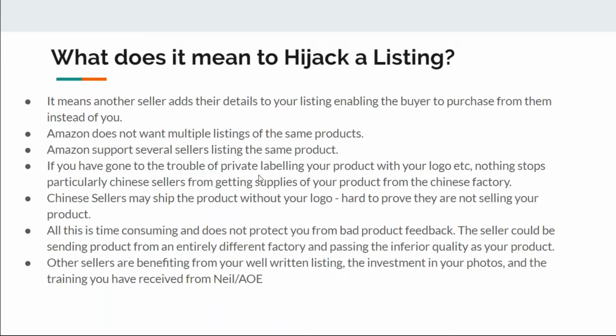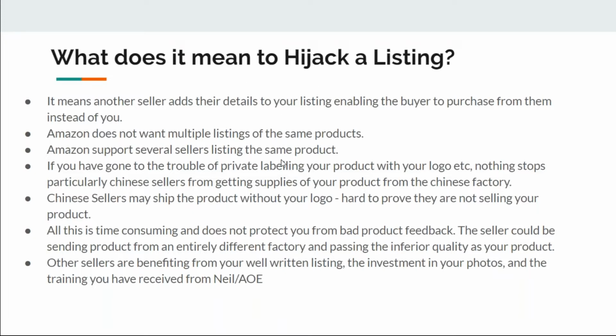So say I found a nice knife sharpener and I put my logo on it, sent it to Amazon Australia, but somebody else either in China or in Australia has decided that they want to sell the same sort of knife sharpener. And particularly Chinese sellers will go to the same outlet and pick a knife sharpener and actually just piggyback on your listing.